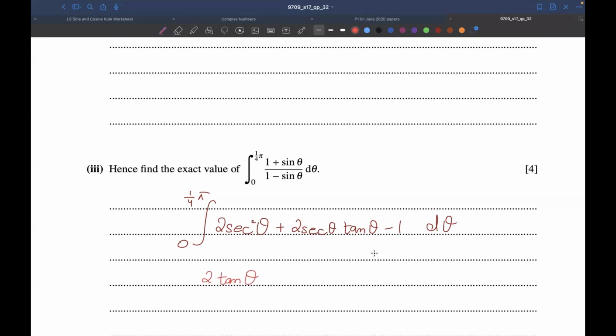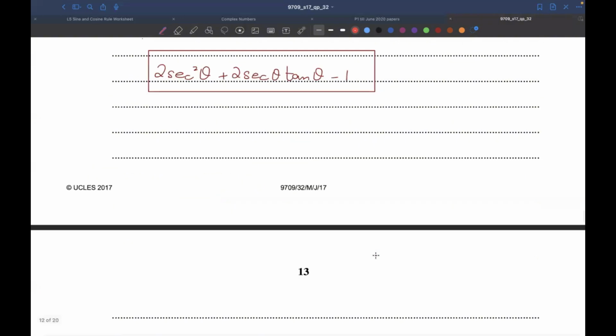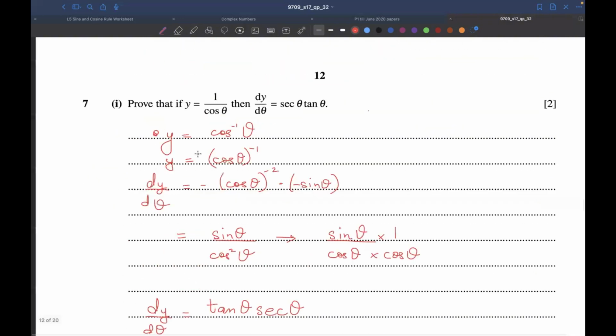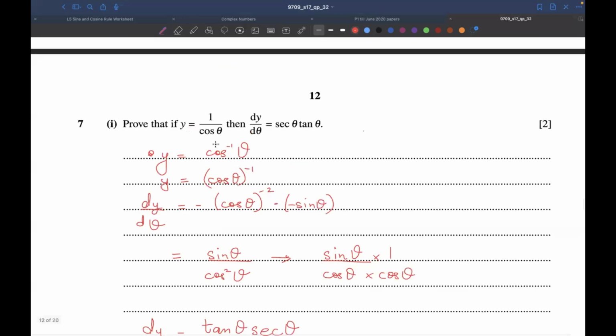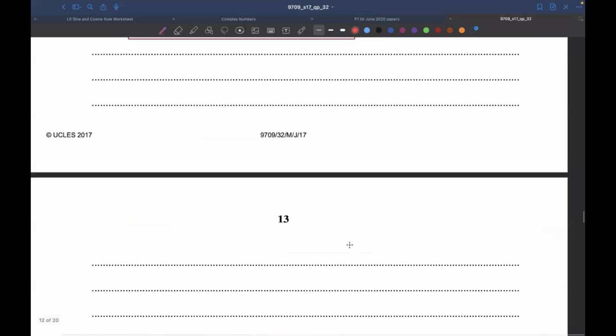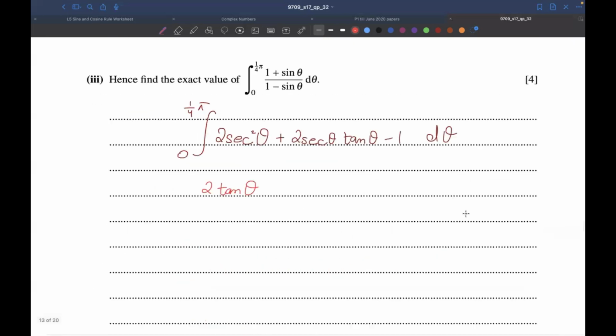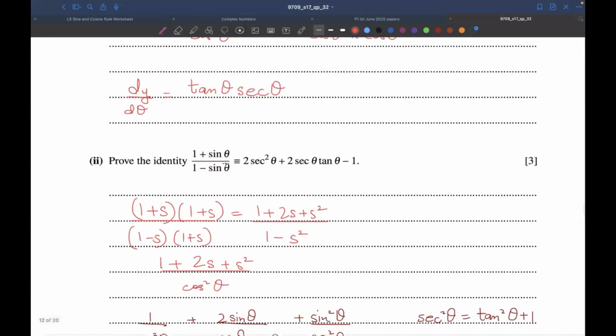For 2 sec theta tan theta, in part 1, what we learned was that the derivative of 1 upon cos theta was, let me just check it out again, the exact answer was tan theta sec theta.